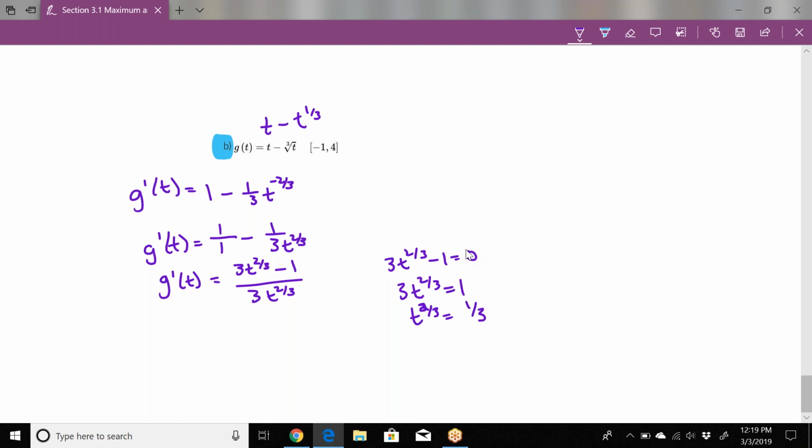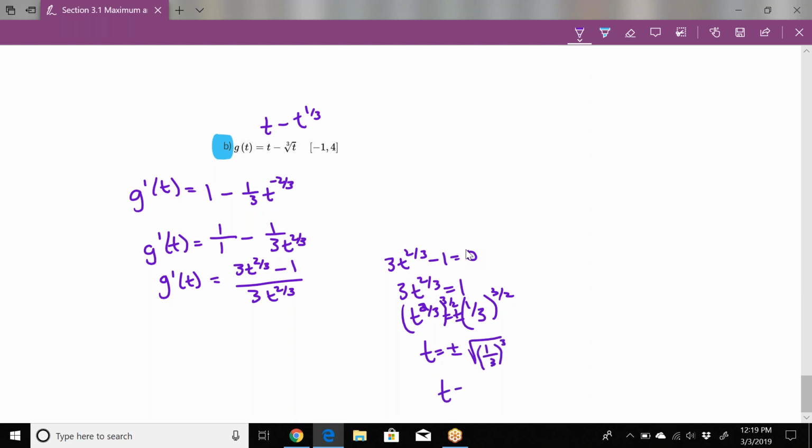So now when we flip that to get rid of the 2/3, you're raising it to the 3/2. But because you are turning something that was a cubed root into a square root, we have to remember to throw on plus or minus. That is really important. Anytime you flip a fraction to get rid of the power, if the bottom ends up being even, you need plus or minus. So this would be plus or minus the square root of 1/3 cubed.